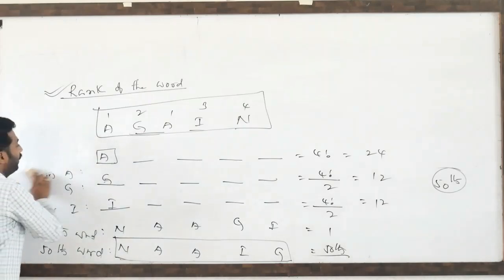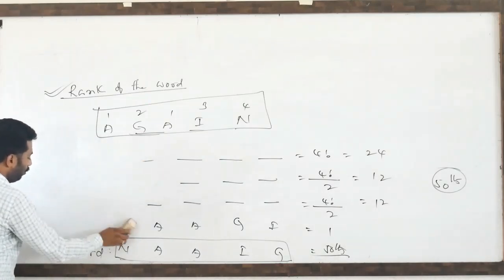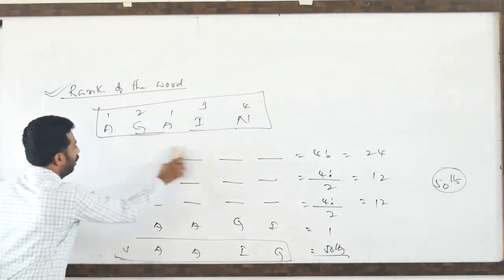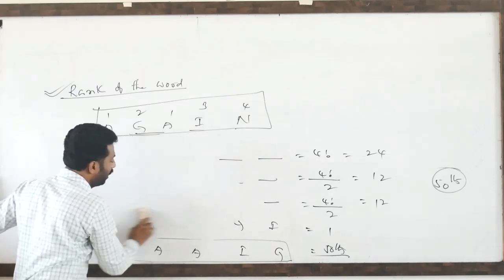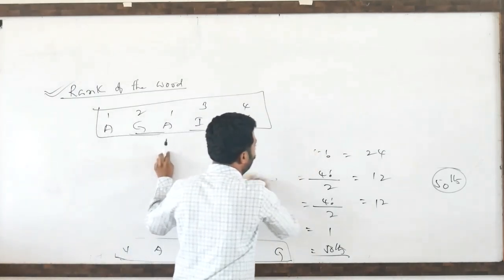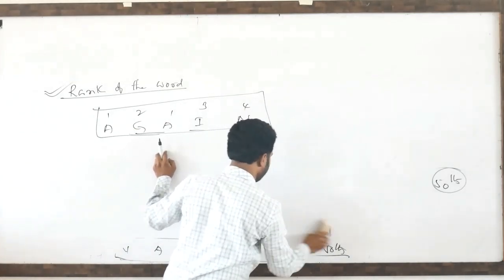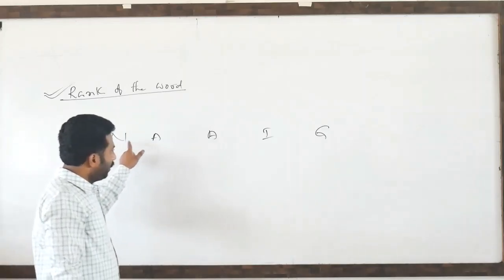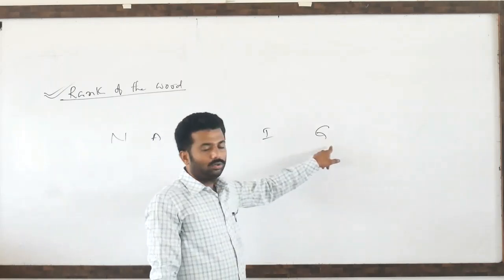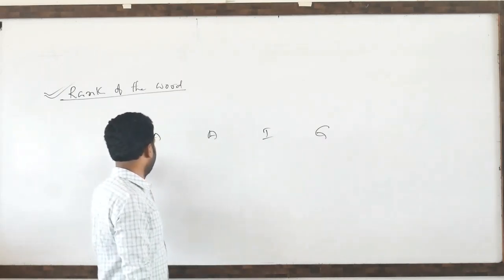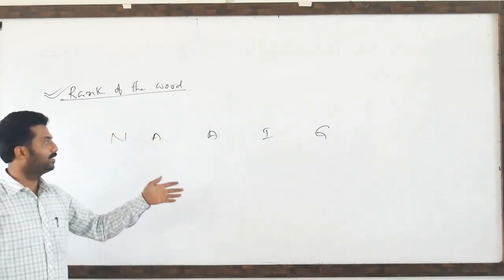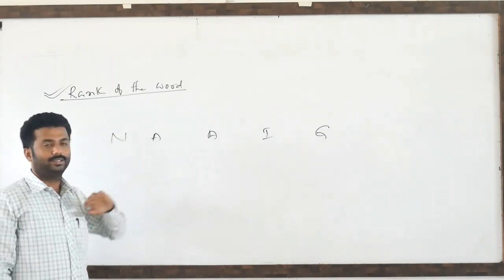So how to write the direct answer? One word they have given. How to calculate the rank of the word directly without using this procedure? From the entrance exam point of view, how to calculate? Actually we calculated theoretically that the 50th word is Naig.